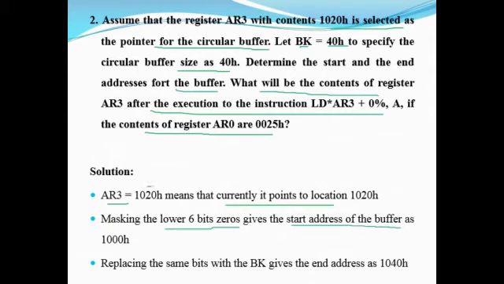If I mask these 6 bits of 1020, I'll get 1000H. Then replacing the same bits with the BK gives the end address. So BK value is 40, so I am going to add this to 1000H, and this gives us 1040H.